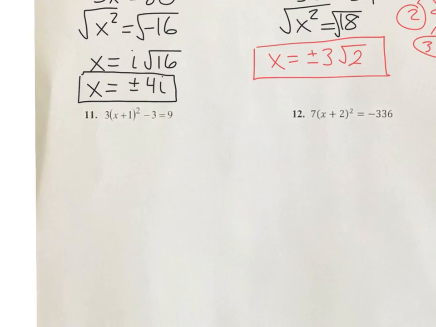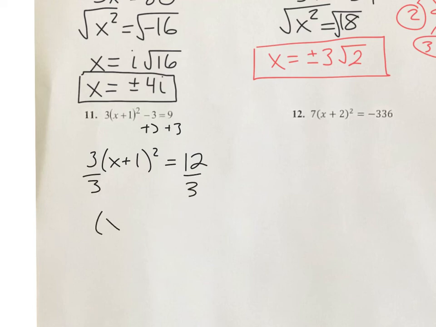Number 11 starts off by having us add 3 on both sides. So this is going to give us 3 times (x plus 1) squared is equal to 12. We divide by 3 on both sides, and that gives me (x plus 1) squared is equal to 4. And here we now go ahead and take the square root on either side.